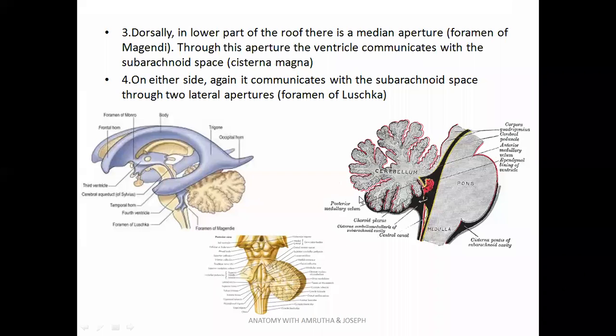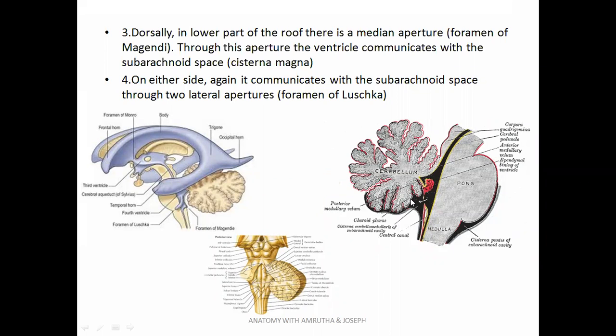On the outer side, there is the dura mater. That is not seen in this, but you can expect there is a dura mater. Then we have the arachnoid, this black line shown here. Now, deep to the arachnoid mater, you can see this red line. This red line, which is over the cerebellum, represents the pia mater.